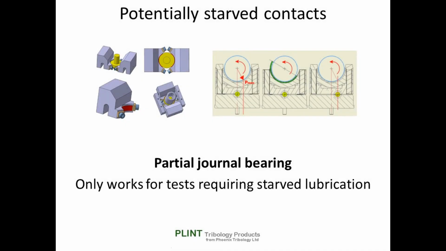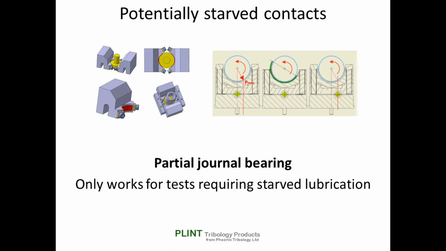A partial journal bearing test geometry looks promising for lubricated friction tests. However, it only works satisfactorily for tests requiring starved lubrication. In a journal bearing, the point of peak pressure is not on the centre line.